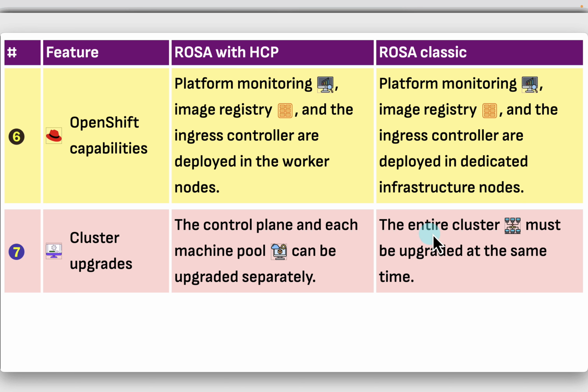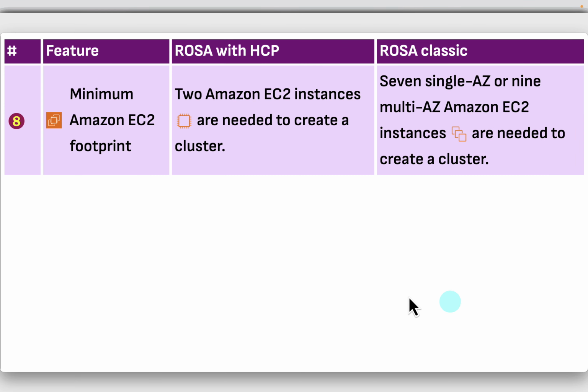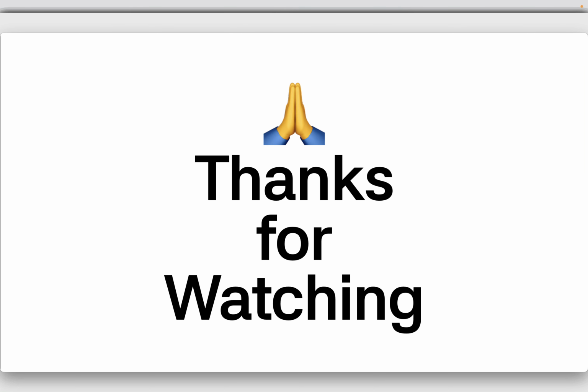For Classic, the entire cluster must be upgraded at the same time. A minimum Amazon EC2 footprint. With HCP, a minimum of 2 Amazon EC2 instances are needed to create a cluster. For ROSA Classic, 7 single-AZ or 9 multi-AZ Amazon EC2 instances are required to create a cluster. And that's all. Thanks for watching.